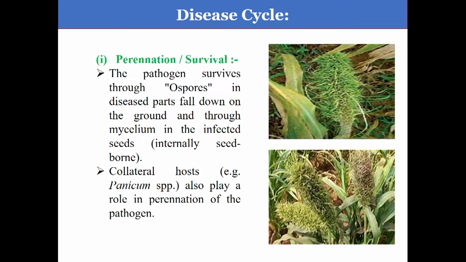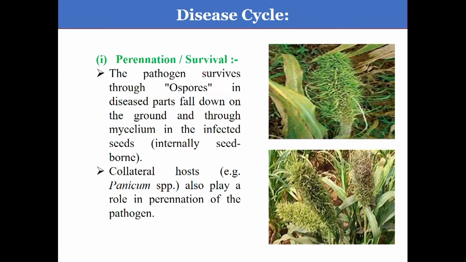After mixing with the soil, the oospores survive throughout the year in dormant condition. When favorable conditions come the next year, the pathogens get germinated. The seed is also responsible, as it is internally seed borne, so pathogens survive through seed also. When contaminated seed is sown in the next year, the pathogen easily gets contaminated and germinates in the next cropping season, and the primary infection gets started.